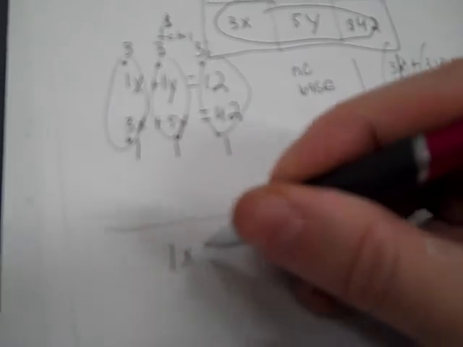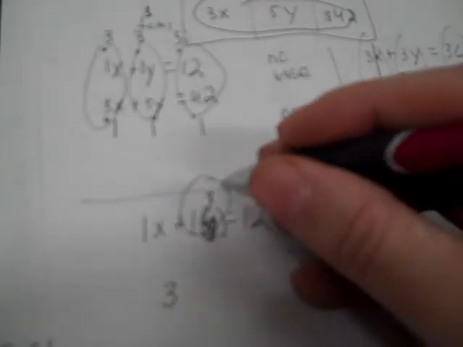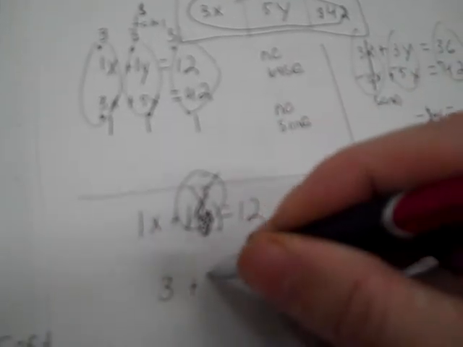Now you got to find your other answer, which is found by this x right here. Okay, so I have the 1x, 1y, and 12. That's how I write that. And I know that I have an answer for y, so that is now 3. So that's 3 plus the 1x equals 12.